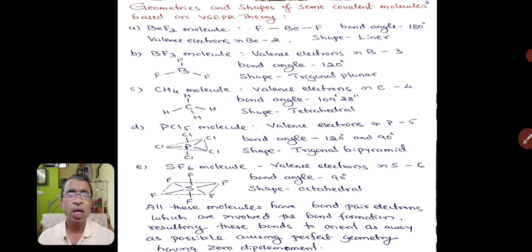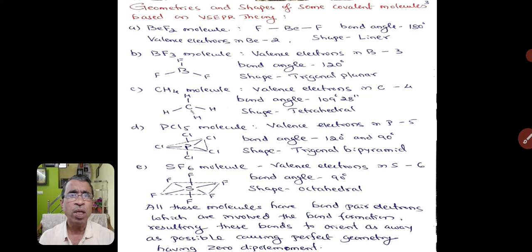This results in a linear shape with a bond angle of 180 degrees. Consider the boron trifluoride molecule. Boron is the central atom and the three fluorine atoms are connected to boron through bond pair electrons. These three fluorine atoms orient in space to give trigonal planar geometry with a bond angle of 120 degrees.